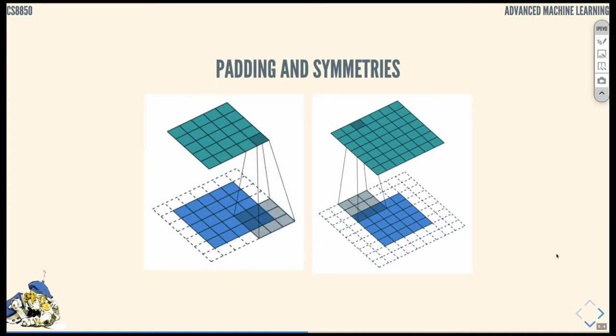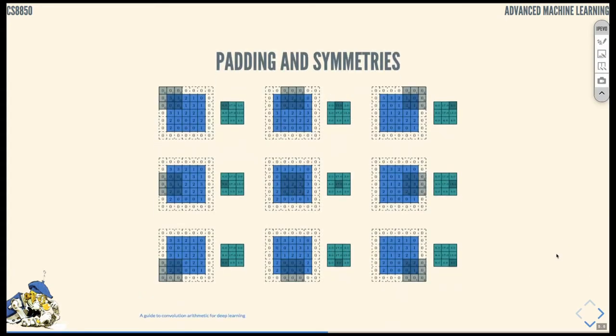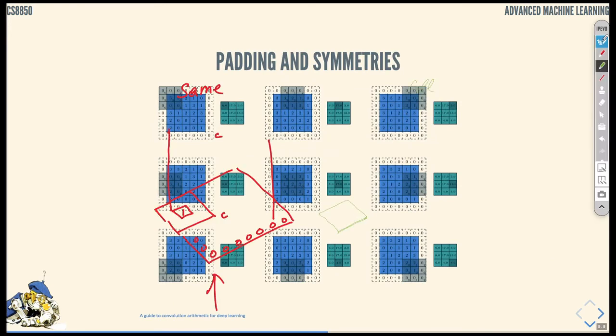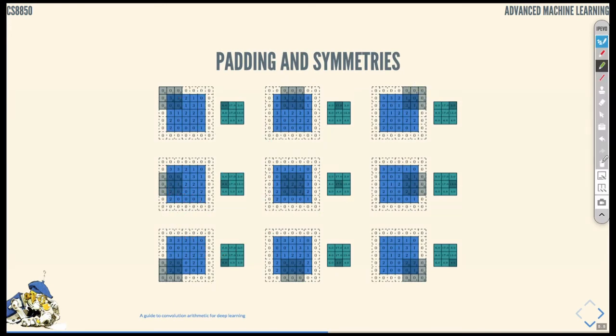Let's look at why or how exactly this style called same works. This is the same video, just expanded. So look, in the beginning we are producing a pixel that corresponds, well, this image is actually not the most accurate, but this pixel in the output channel corresponds to this pixel in the input channel.